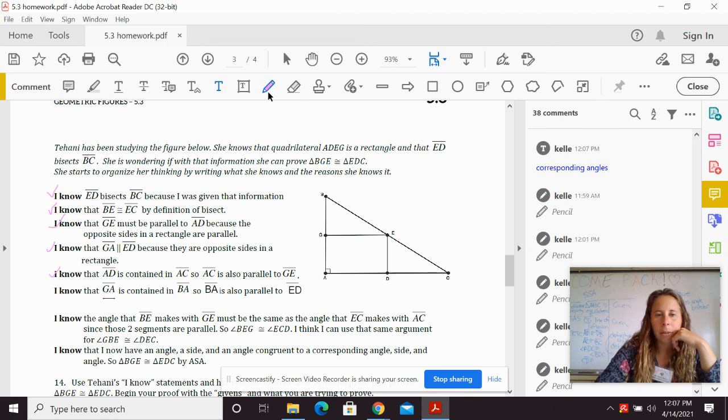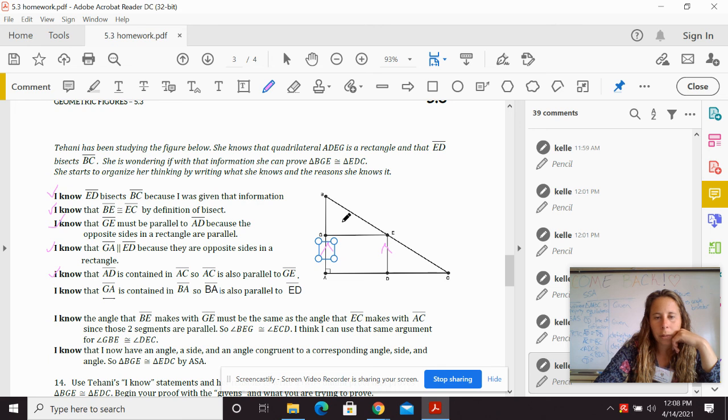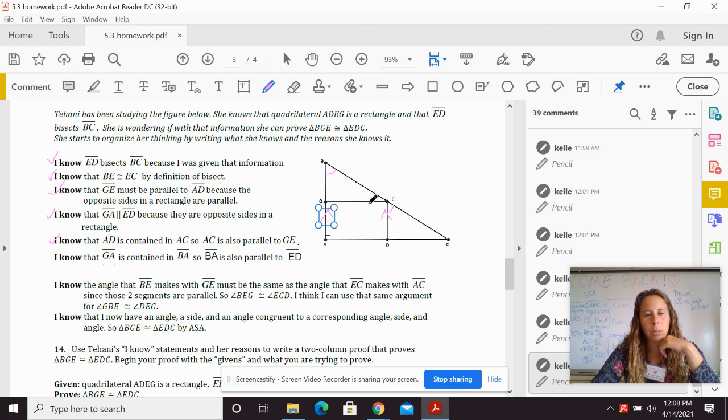So this line, BA, is parallel to ED, and they are both being cut by this transversal. So that means this angle is congruent to this angle. Those angles are also corresponding angles.